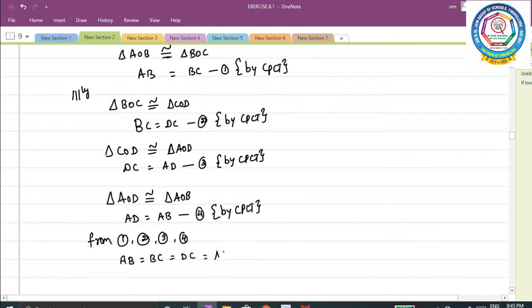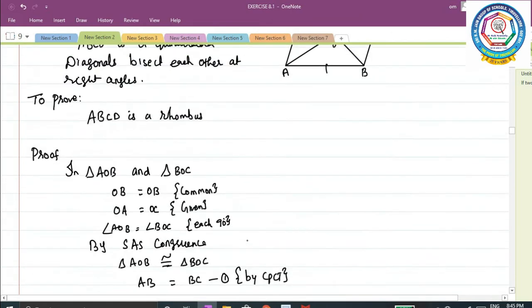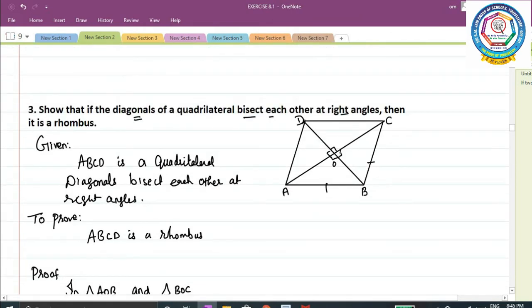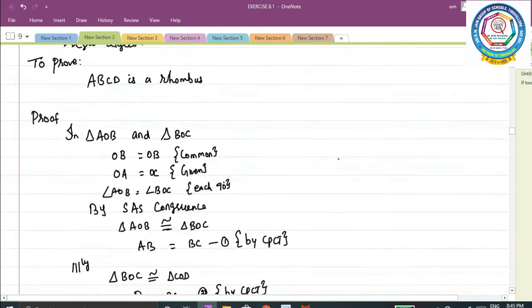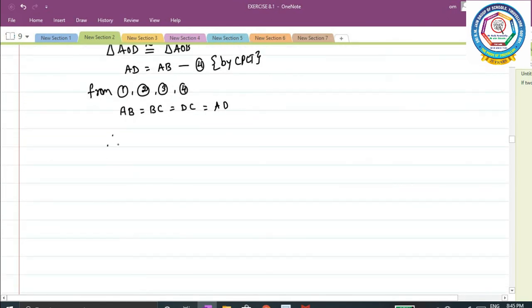DC is equal to AD. AD is equal to AB. In quadrilateral, all sides are equal, diagonals bisect at right angles. It is called a rhombus. Therefore, quadrilateral ABCD is a rhombus.